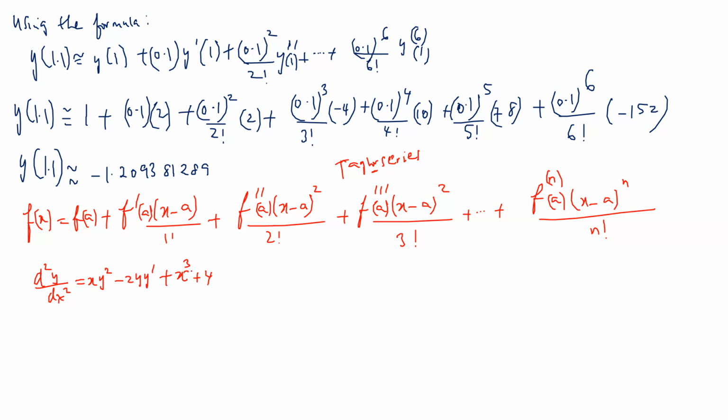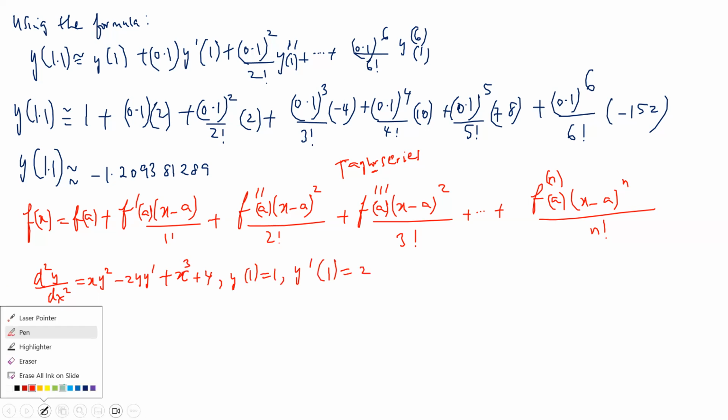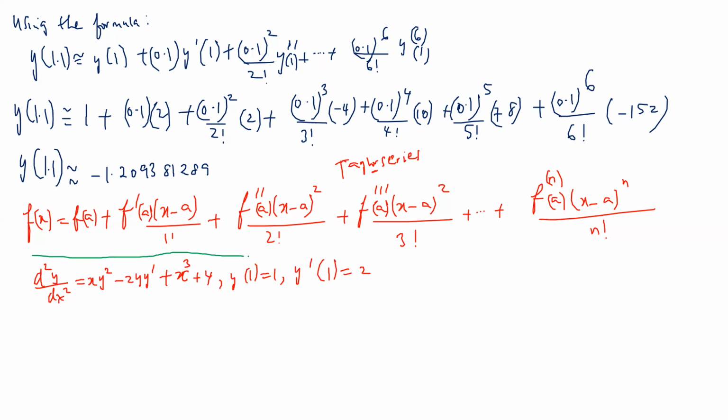Okay, this is the result. Rather the question. y at 1 is 1, and then y primed initial values were given like this. Okay, now we understand this.